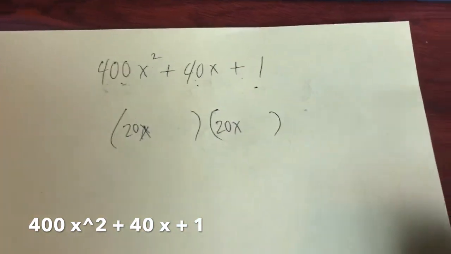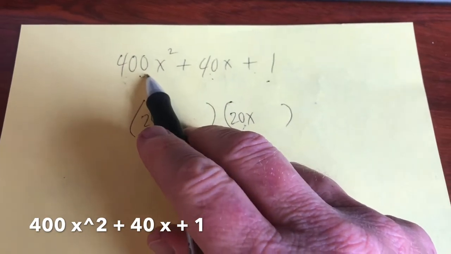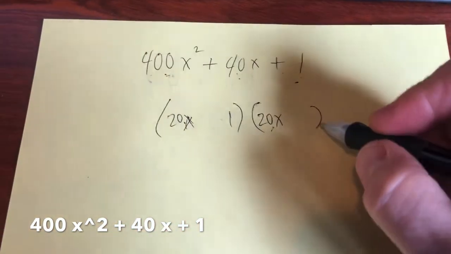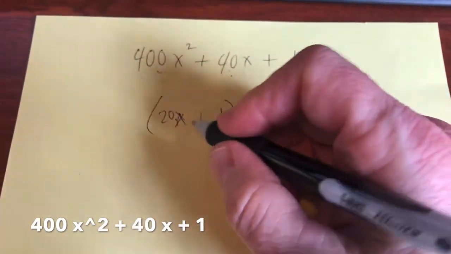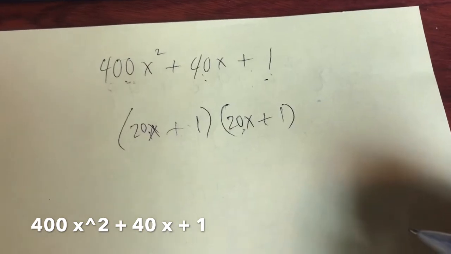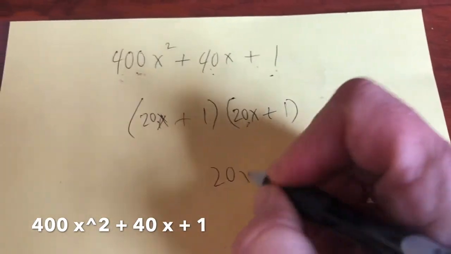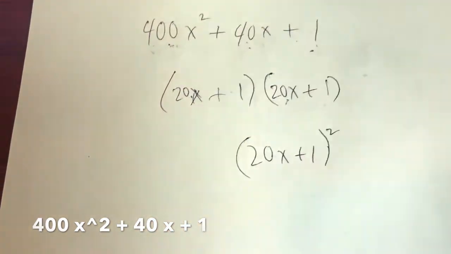And when we multiply those two together, we get 400x squared. So we're doing good. 1 is also a perfect square because we have 1 and 1. And then the signs dictate that we go that way. And then you'll notice right away, obviously, that both of these are the same. So I rewrite this and make it squared.